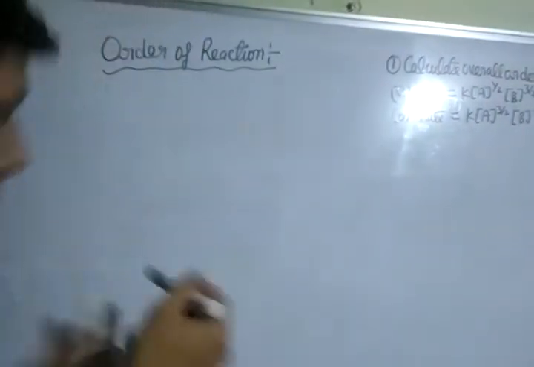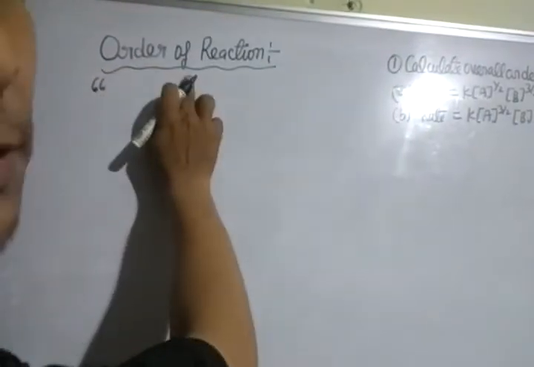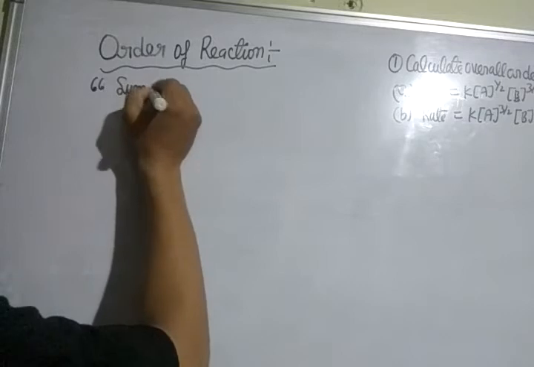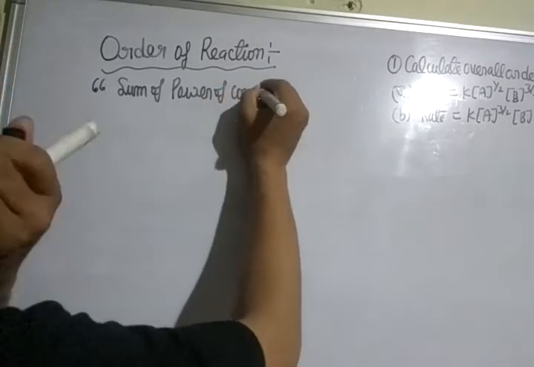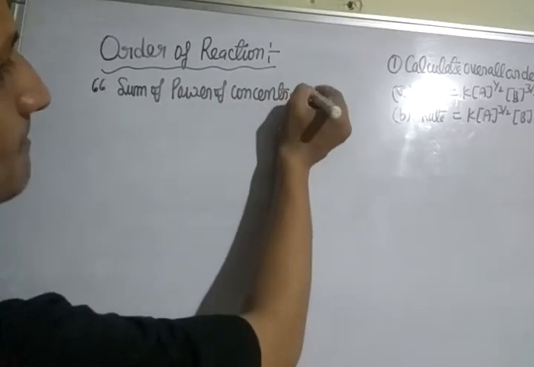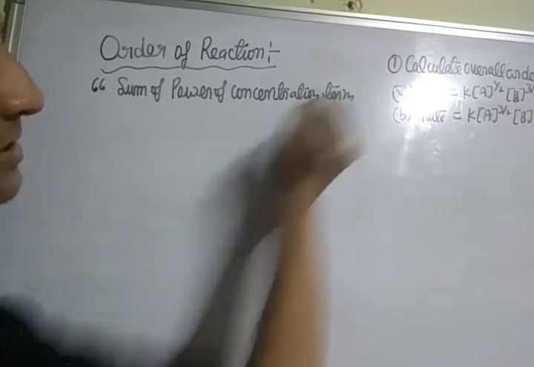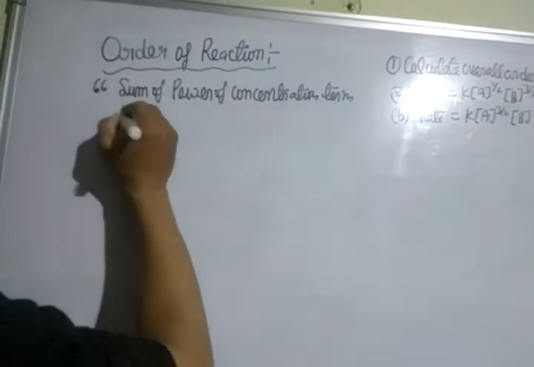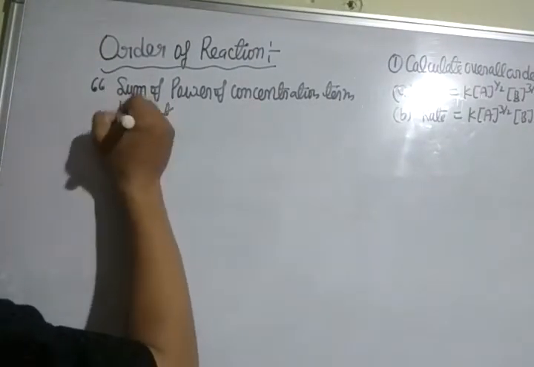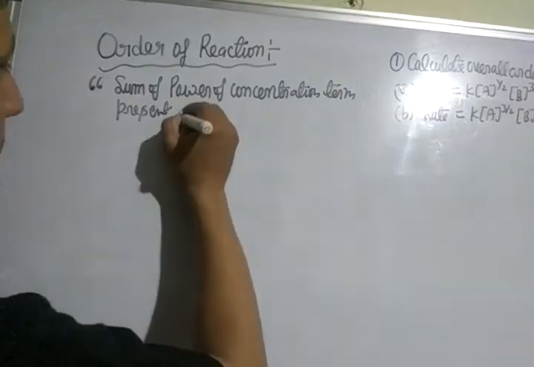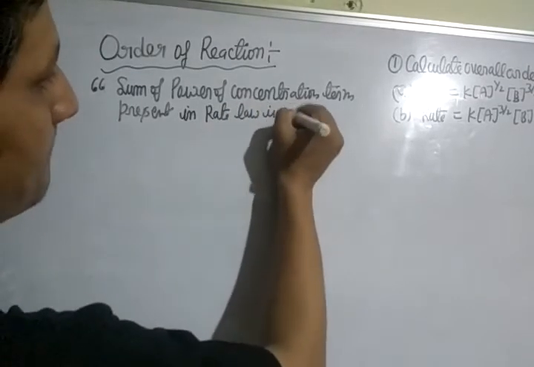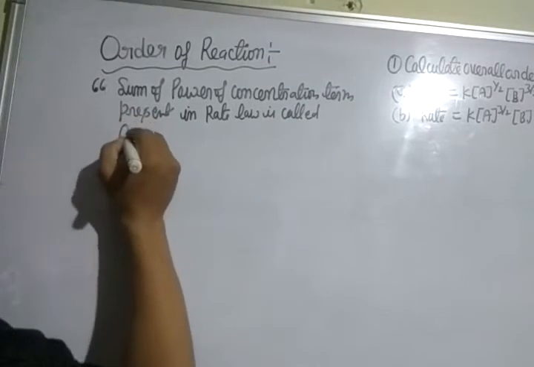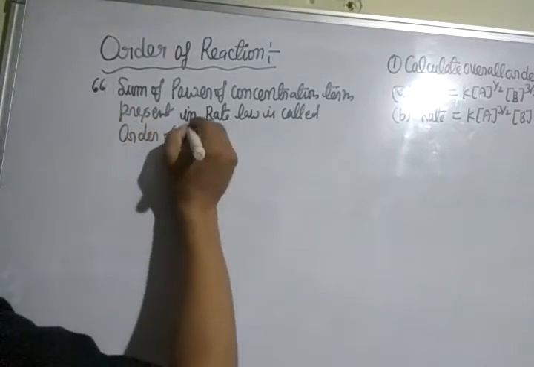Look here. Order of reaction: sum of power of concentration term present in rate law is called order of reaction.